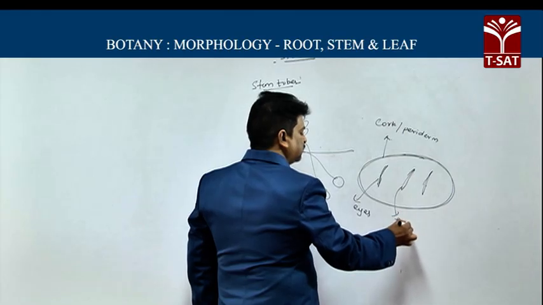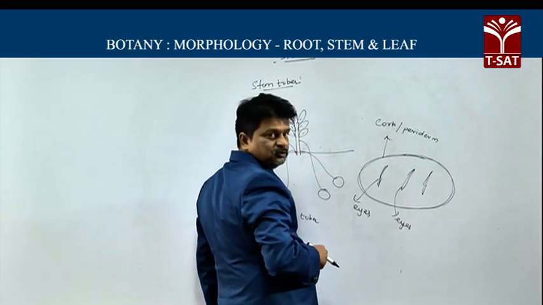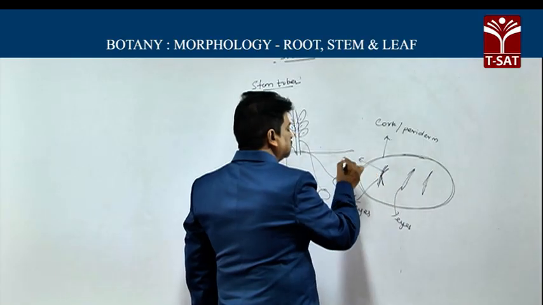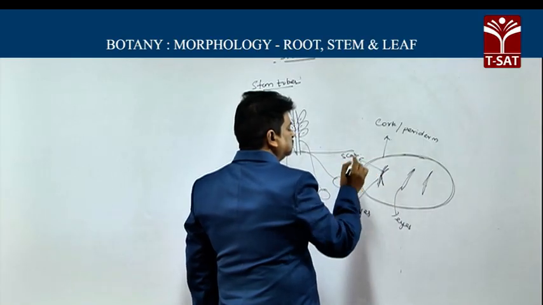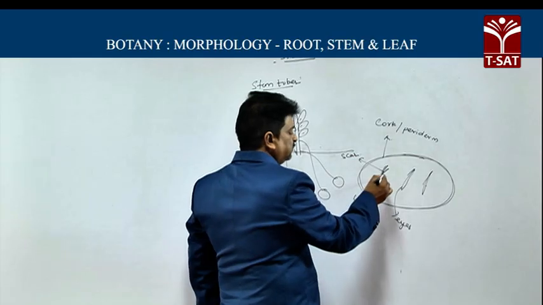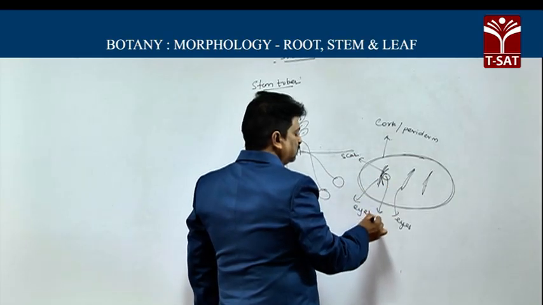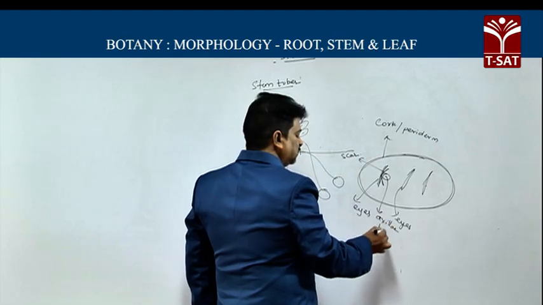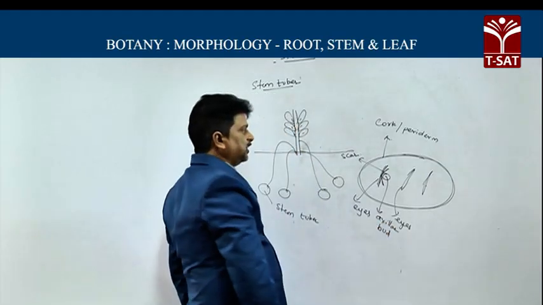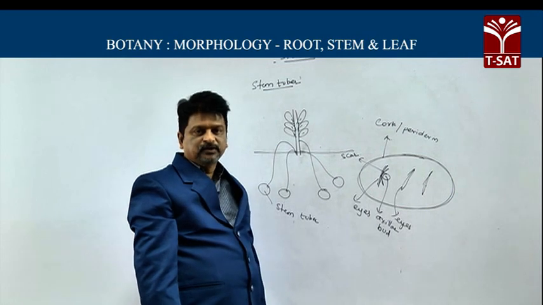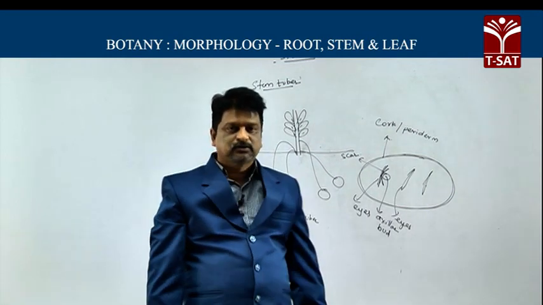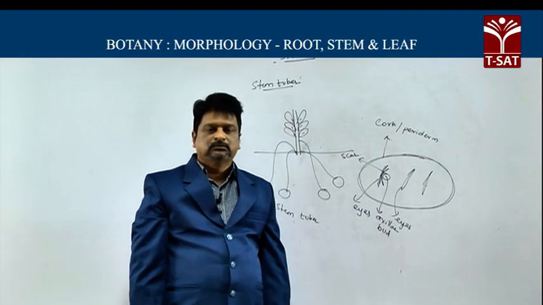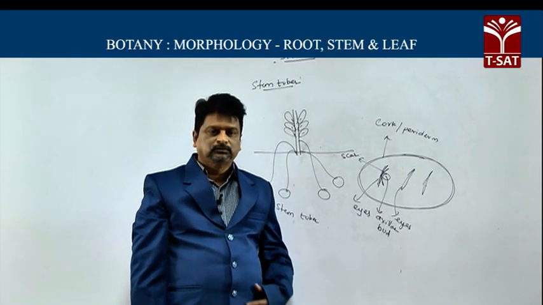These eyes represent nodes. Actually, each eye contains a scar called a scale leaf and also an axillary bud. And these eyes help in vegetative reproduction.